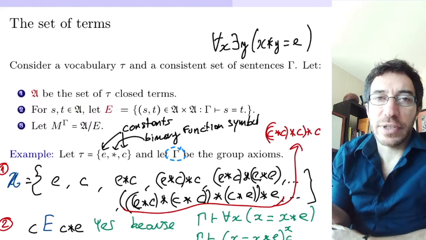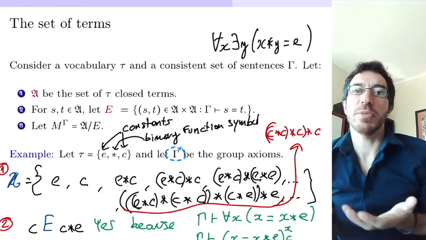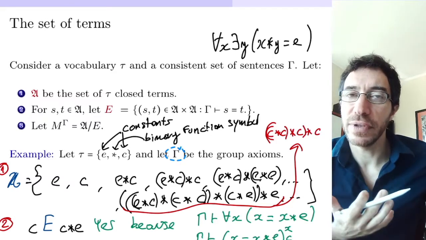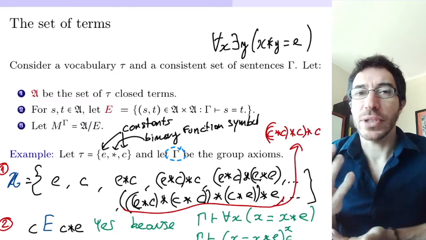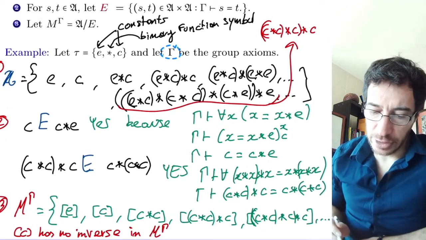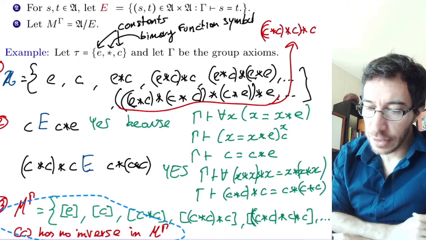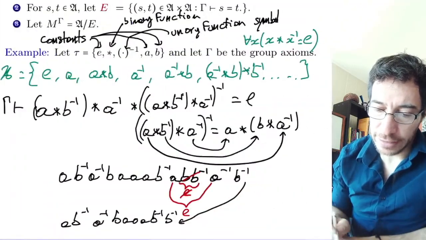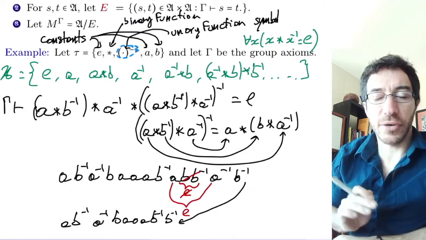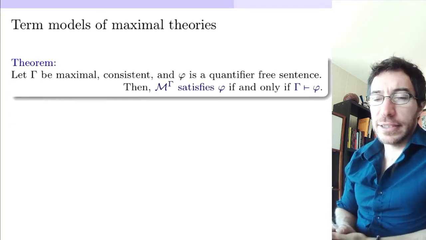So if you want an inverse, you have to have some way of building it as a term. This axiom just tells you that there exists something that is the inverse, but it doesn't give it to you as a term. And that's why the inverse is missing in this term model up here, even though the axiom is there, while in this other case, the inverse was there. Okay, so that's all to say that it's not that simple. The term model doesn't satisfy everything that we want. But let's start seeing what it satisfies.